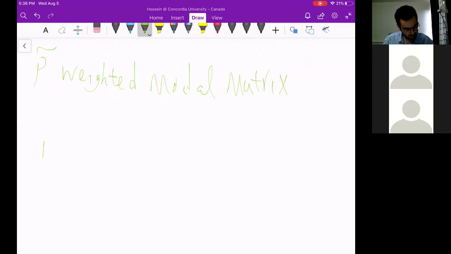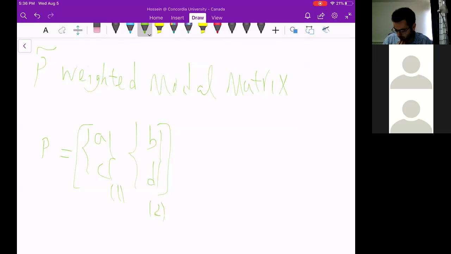For example, if P is like this, A, B, C, D, the first mode, the second mode, right?